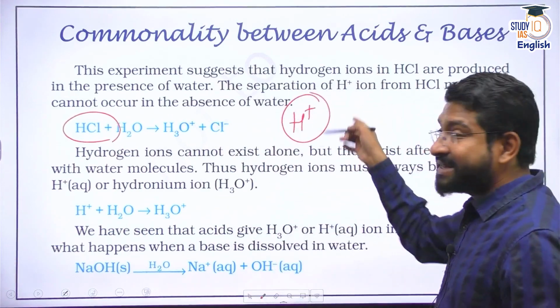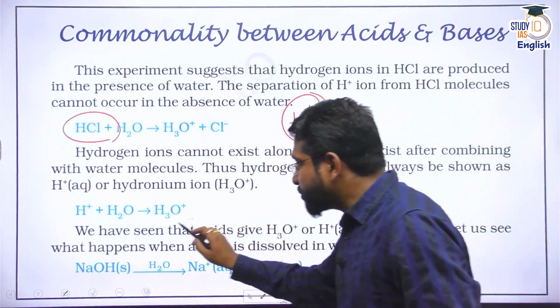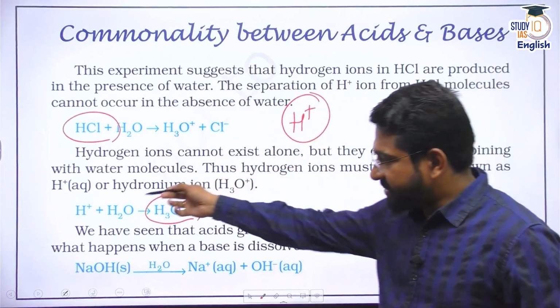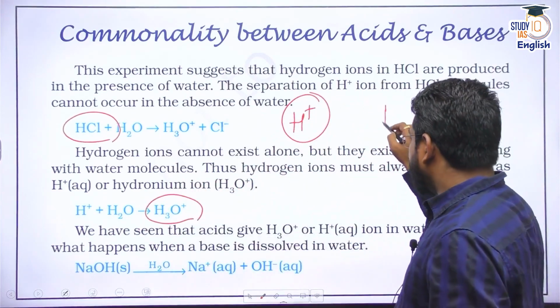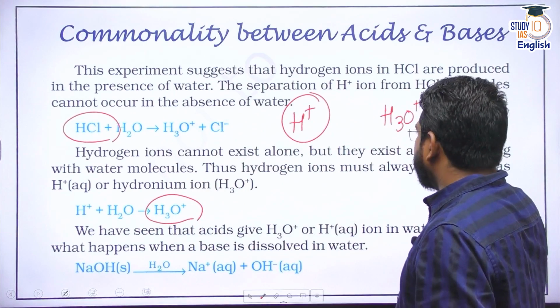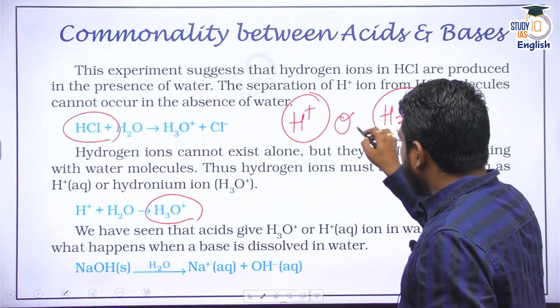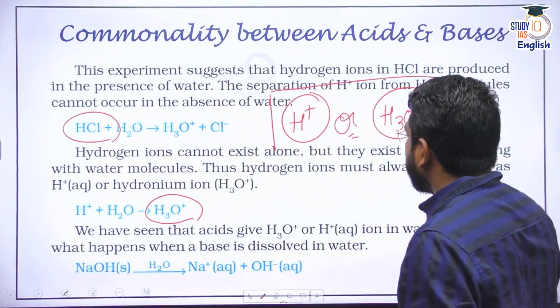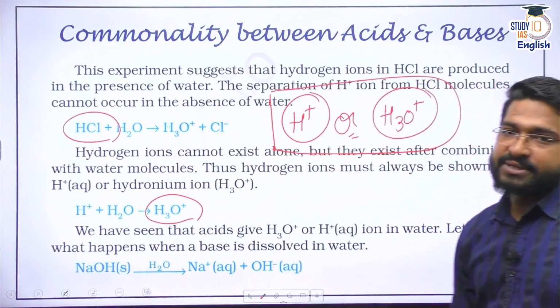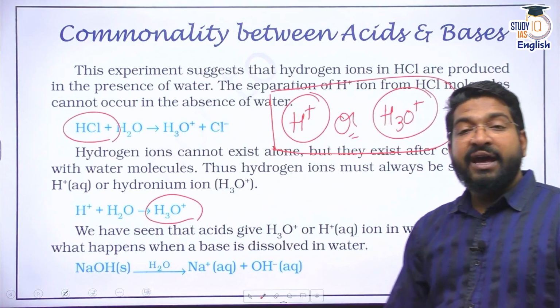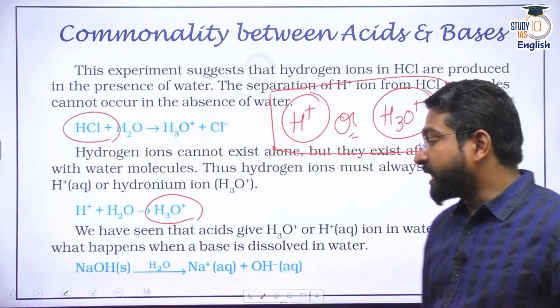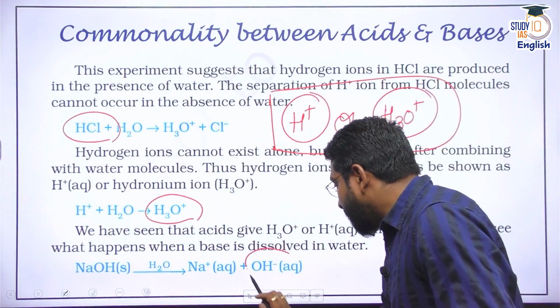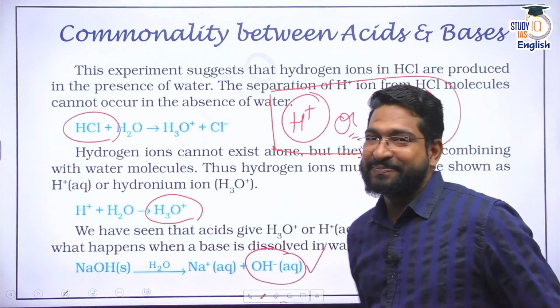When it is in aqueous solution, we call it hydronium. Why? Because H plus reacts with water to give you the hydronium ion. So when I write H plus or hydronium ion, both are one and the same. Please note this. Similarly, when I have a base in an aqueous solution, it will always give me OH minus.